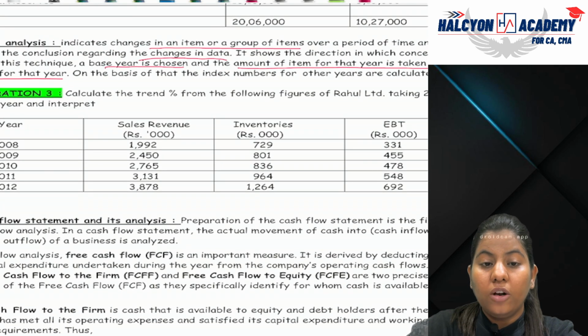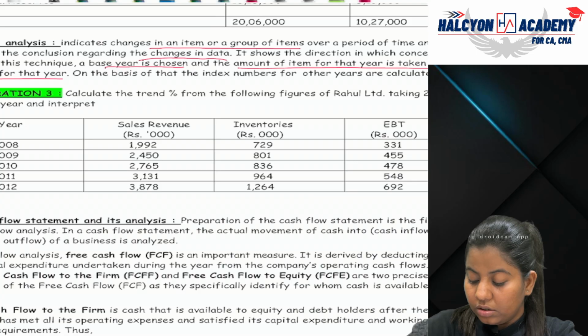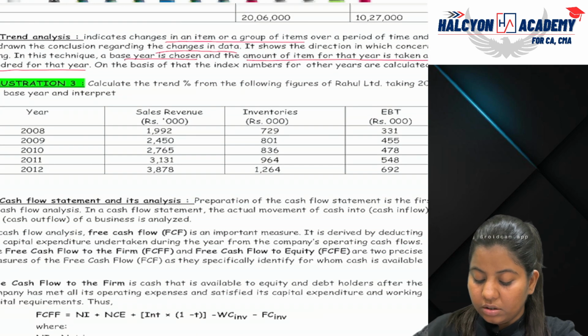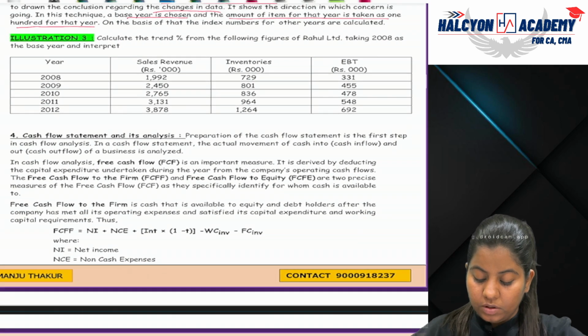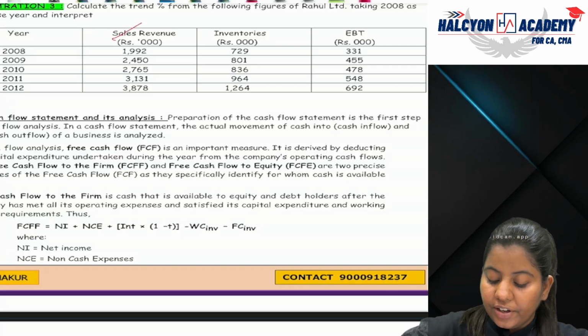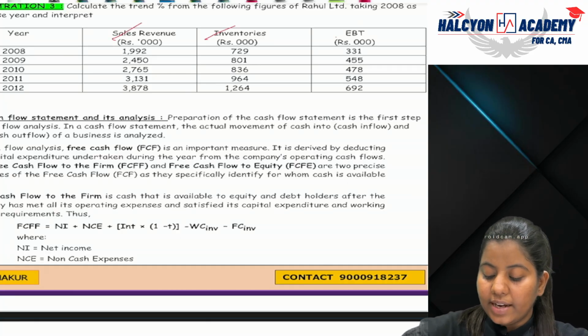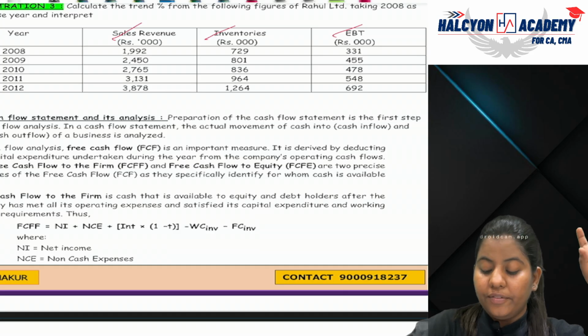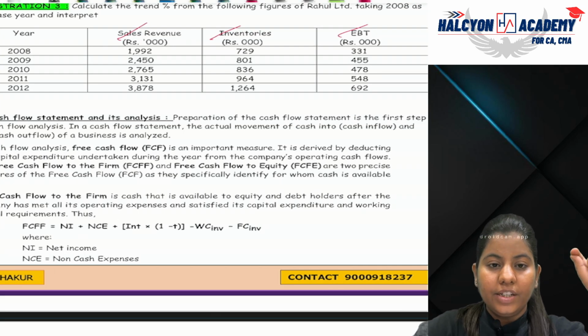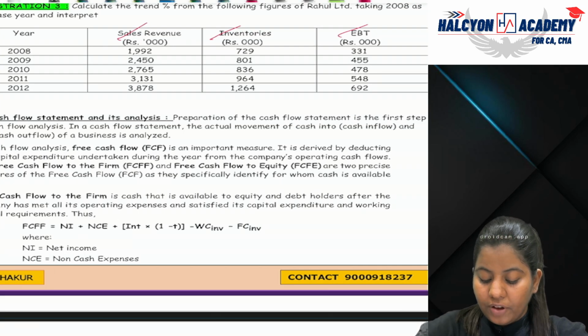Now we are going to solve illustration number 3. Three items are given: sales revenue, inventories and EBT. We have to find out the trend percentage, the change in 5 years and index number.